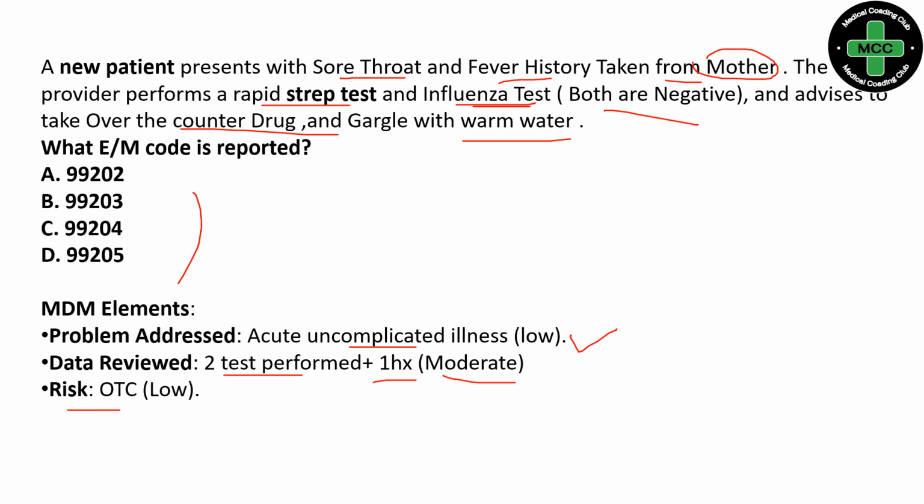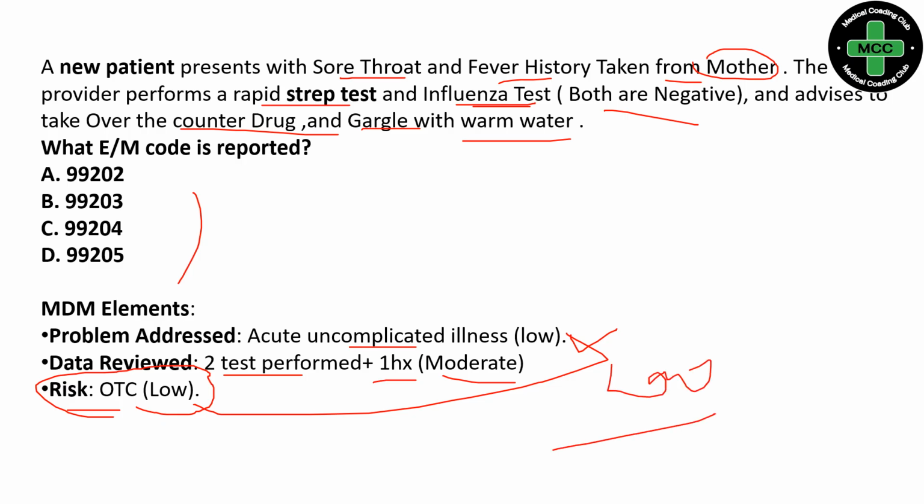Since the provider gave an over-the-counter drug and general instructions, we will get low risk. So we are meeting risk and problem addressed as low. So the answer will be 99203. Okay, so for a new patient, the answer is 99203. And next we will see.